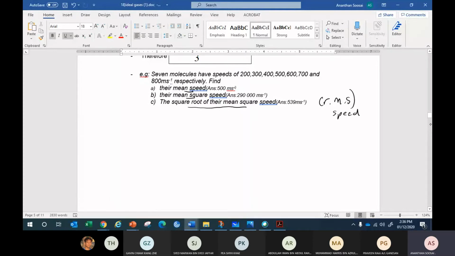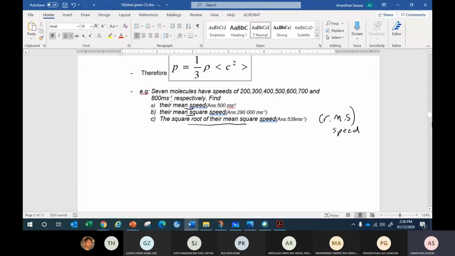The one in the formula I told you just now is the mean square speed, and that is the highlight here. A, B, C: which part is calculating mean square speed? B. B is your mean square speed.